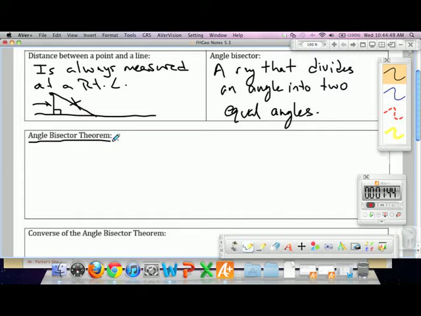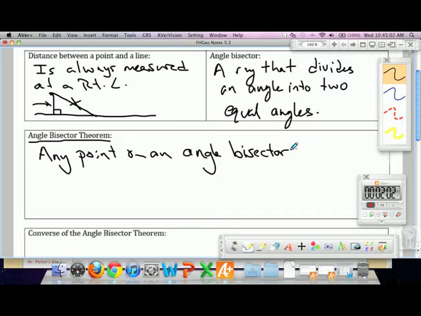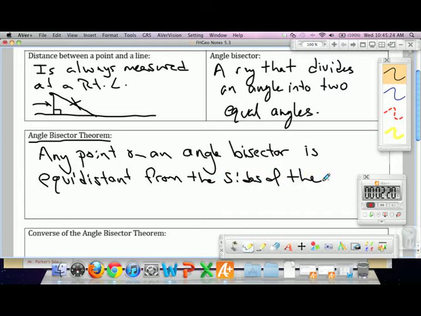It says that any point on an angle bisector, if you're a point that's on an angle bisector, then you are equidistant from the sides of the angle.